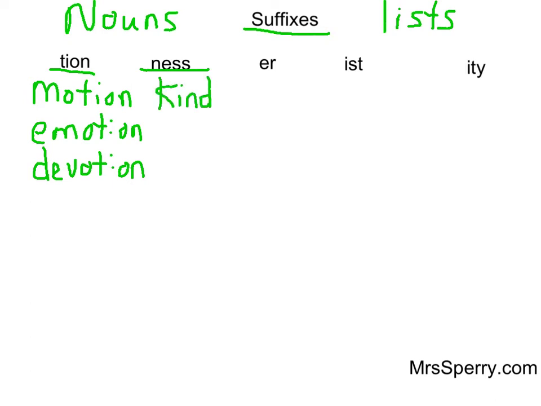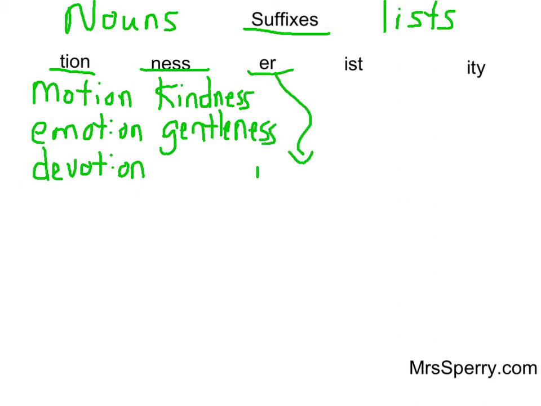Words that end in N-E-S-S. Kindness, gentleness. ER gives us some nouns that identify different kinds of workers. Workers, ER, and we can add that S. We can have a worker. We can have a talker.